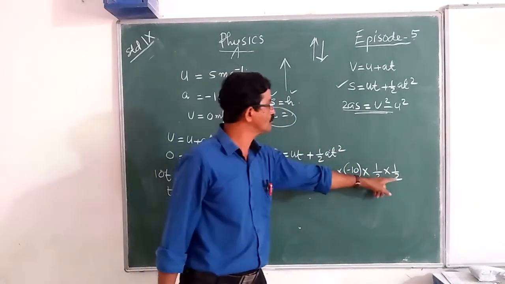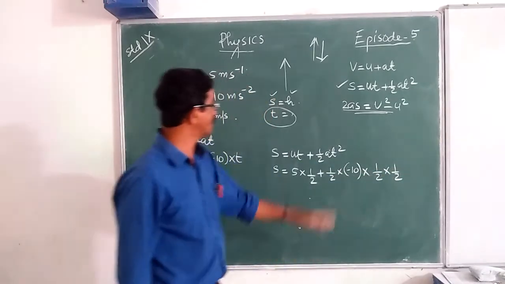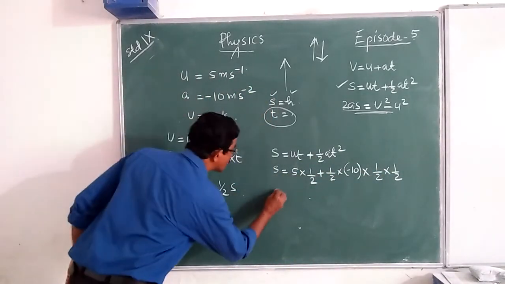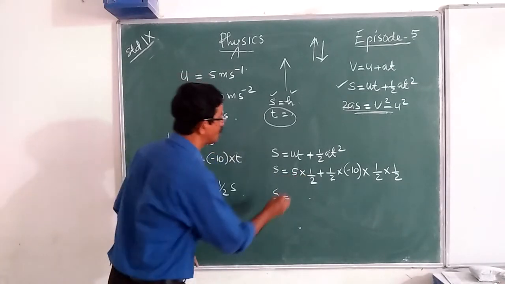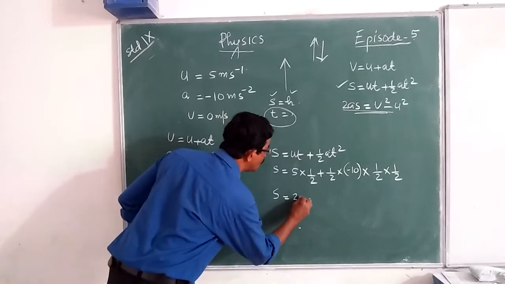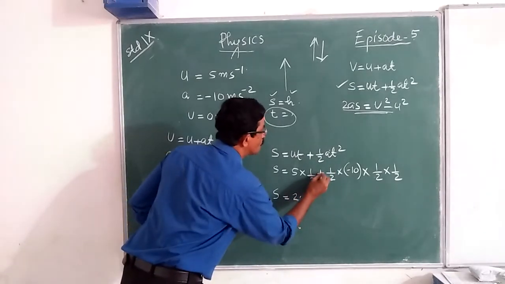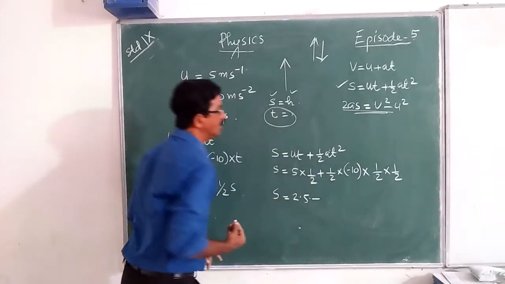Here s is equal to 5 into 1 by 2, which means 5 by 2, that is 2.5. This plus into this minus is minus.